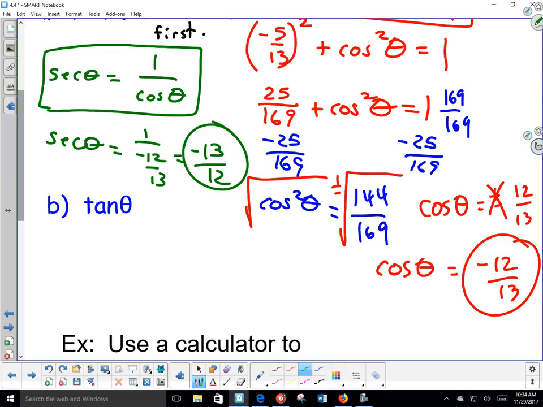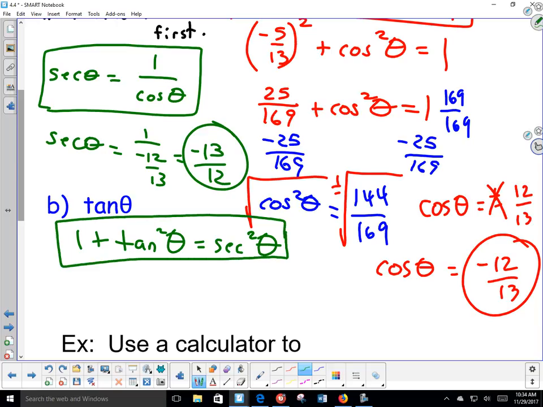Sure, you could do that. You could use 1 plus tangent squared theta equals secant squared theta and solve for tangent, right? Or what other one could we use?